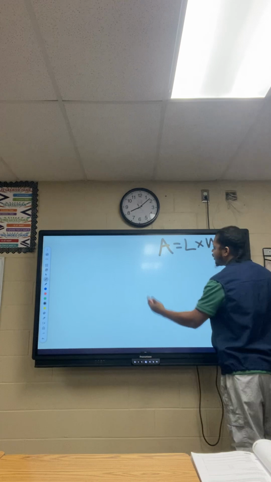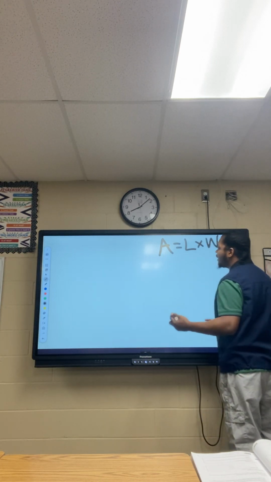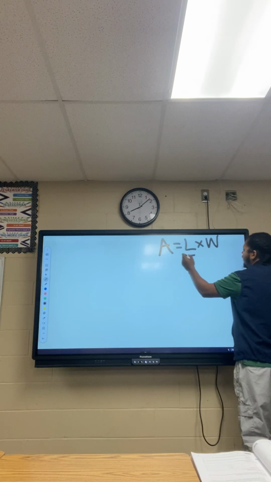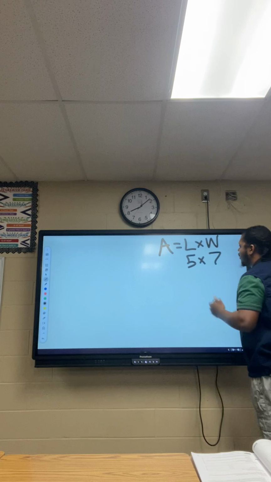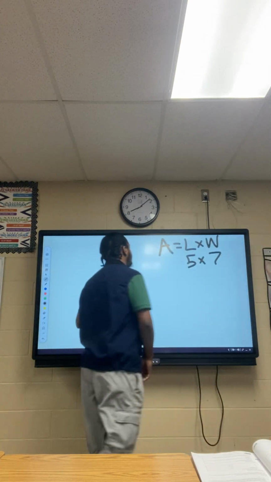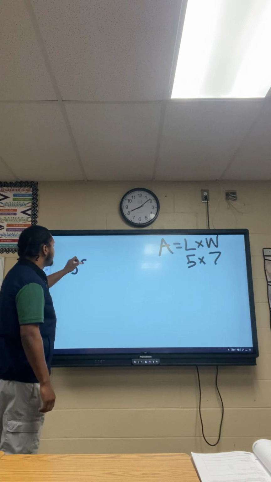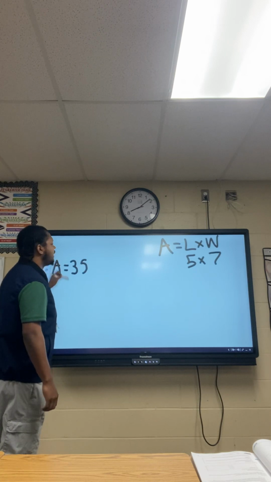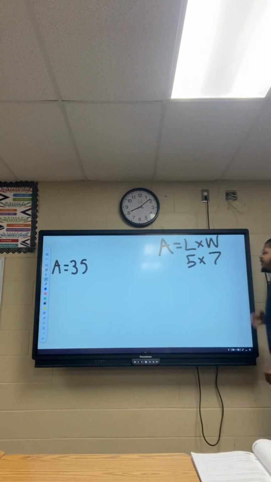So when you look at your shapes, you have 2 shapes. You're gonna take the numbers and fill them in. So for an example, if the length was 5 and the width of the rectangle was 7, okay? So then we know that the area will be 5 times 7, which is 35. So area, and then we'll have to put a unit on that. Okay, so it could be inches, it could be feet, whatever the measurement is when they give you the problem.